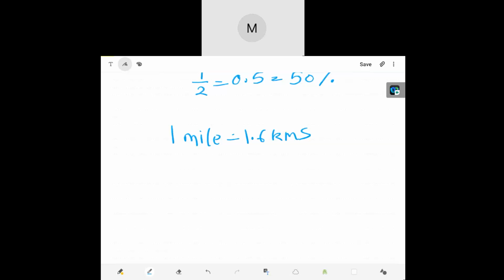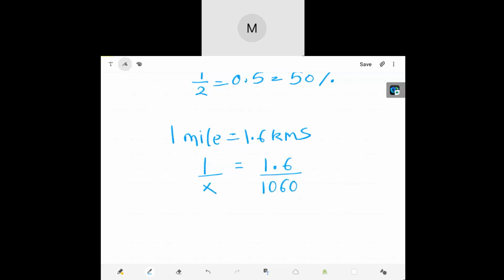So all we need to do is, we have the miles conversion into kilometers. I'll form a proportion. Again, make sure that the same numbers are across each other in the equal to sign. Like 1 mile is 1.6 kilometers, so you put them across each other. And finally, the question says, how much is 1060 kilometers in terms of miles? And that's what I'm trying to find.